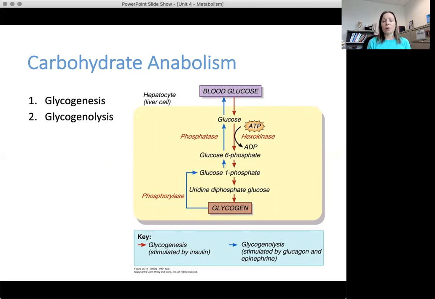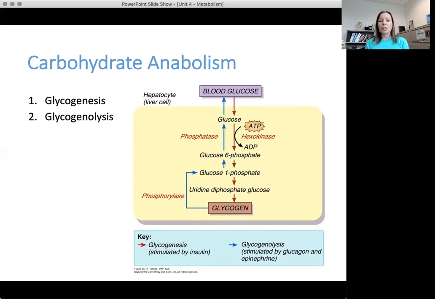So this is actually how glucose is stored when it's not needed immediately for energy. You'll take many glucose molecules and link them all together to create glycogen. If glucose is not used immediately for ATP, then it is stored as glycogen. This process, called glycogenesis, is promoted by insulin.